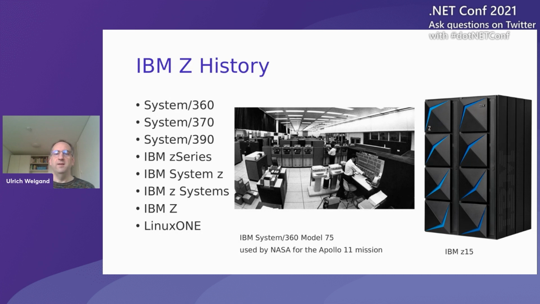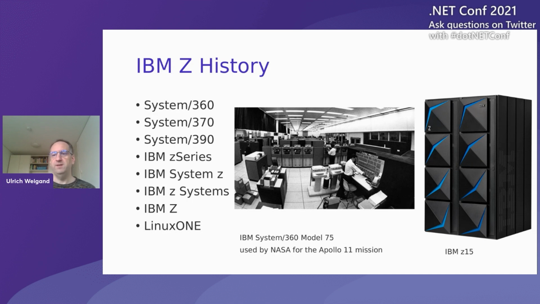Now, this machine doesn't look like that anymore, filling up a full room. Today's IBM Z looks more like what you see here on the right, which is our current model, the IBM z15. But that is, in fact, a direct successor across many, many generations of machines, but it is a direct successor of that machine. And, well, you may say, well, I still haven't used either of those.